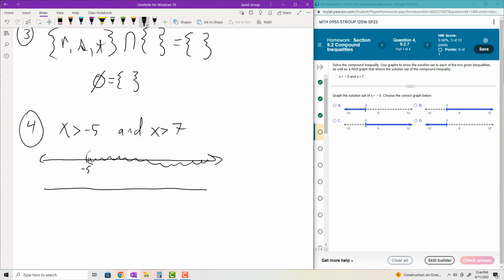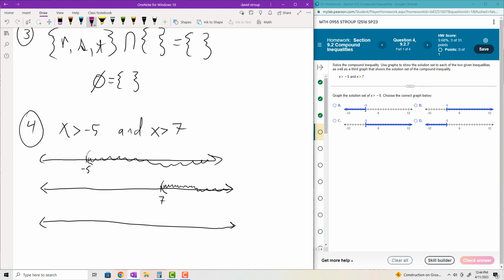Okay, and then I'm going to draw a number line for x greater than 7. So 7 would be over here somewhere. And then I don't include 7, but it's everything above it. And then the intersection of those 2 sets of numbers is just going to be the stuff that's in common to both.